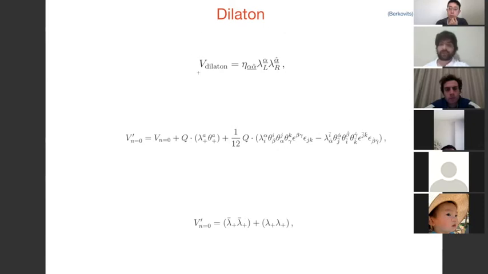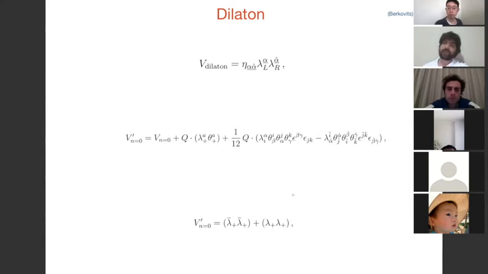So this is an unintegrated vertex of the Lagrangian. And if you take our vertex and add these BRST trivial quantities, basically do a gauge transformation, you see that we recover this dilaton.